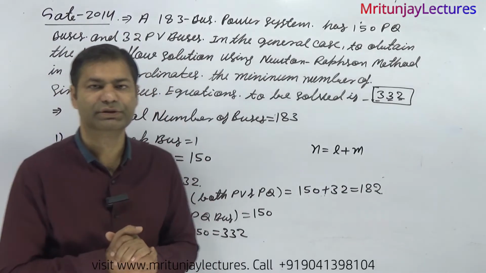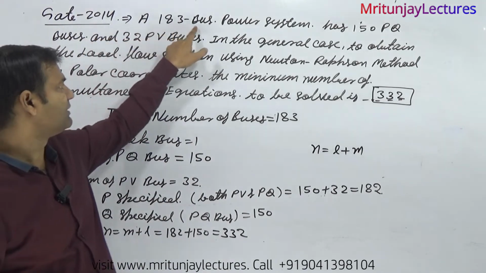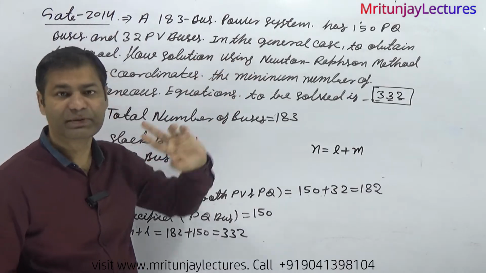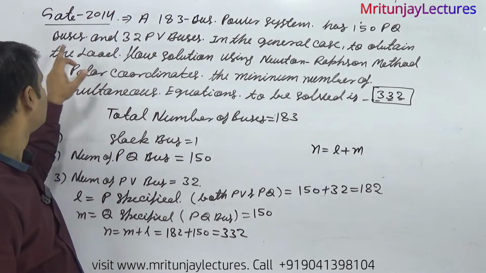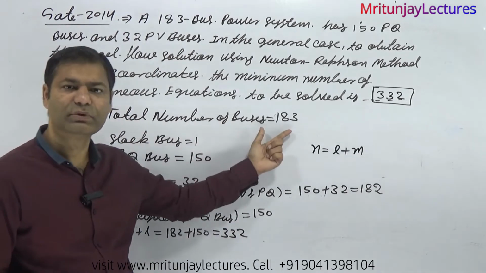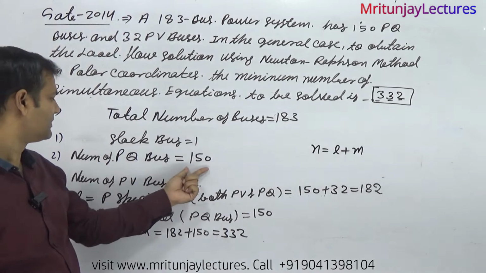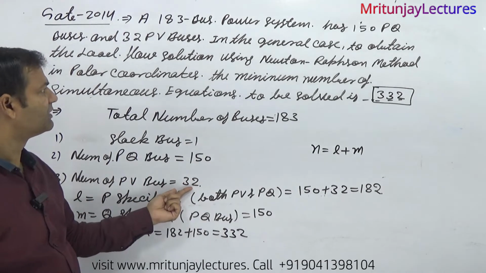Now the next question, GATE 2014: a 183 bus power system has 150 PQ buses and 32 PV buses. The total number of buses is 183, the PQ buses are 150 and the PV buses are 32.